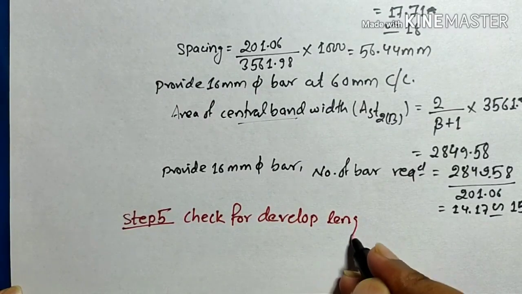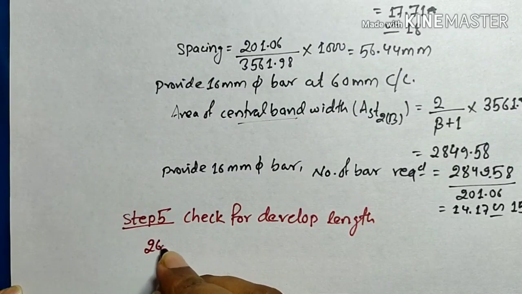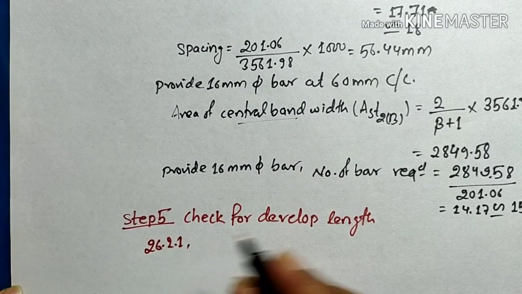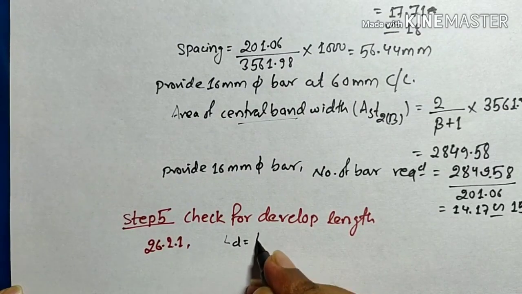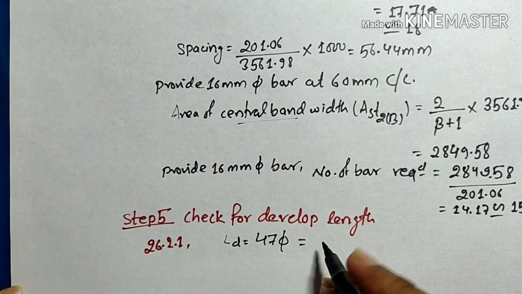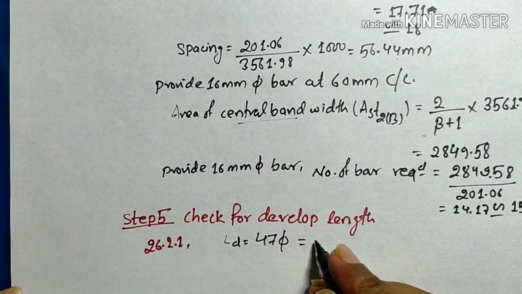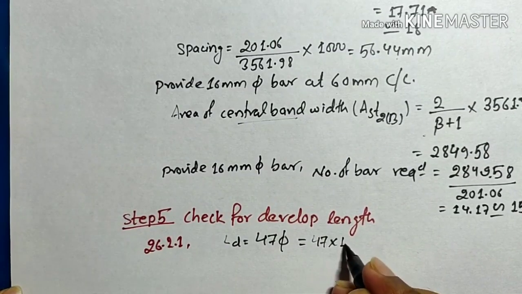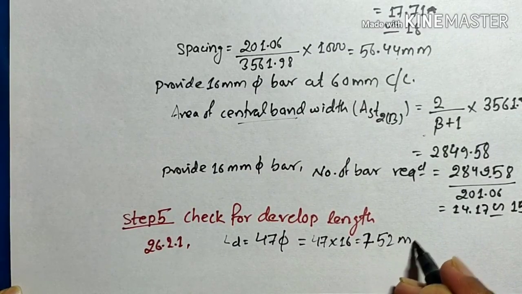And as per the provision of the code IS 456, which is 26.2.1, we have development length LD equals 47.5, and the reinforcement of the bar is taken as 16 millimeter. 47 into 16, which will be equal to 752 millimeter. We have got the value of LD.